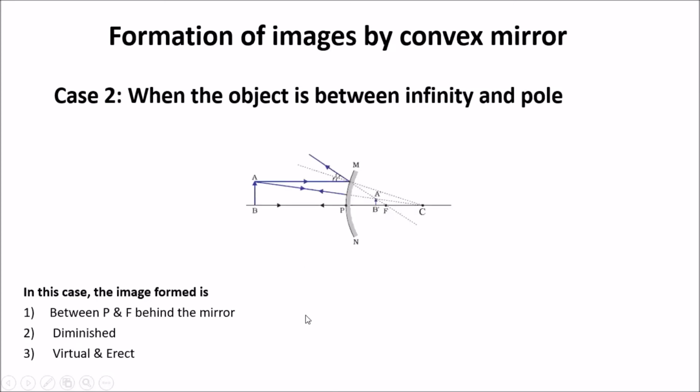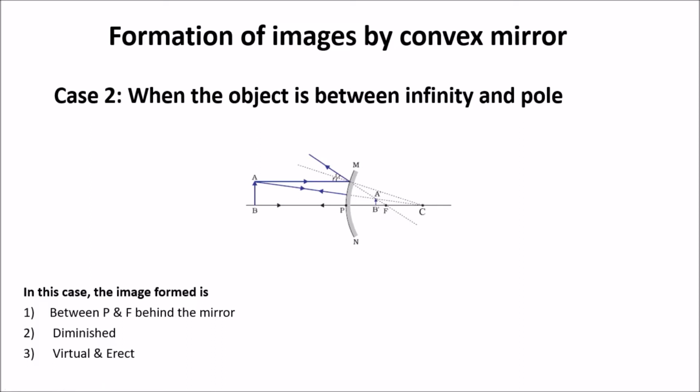So let's have a proper understanding of what exactly was the diagram and the conclusion. You can see when the object is between infinity and pole, this is the diagram, and the result is behind the mirror, between P and F, diminished, virtual and erect. Now we need to understand one important thing, that convex mirror in both situations is forming the virtual image only.